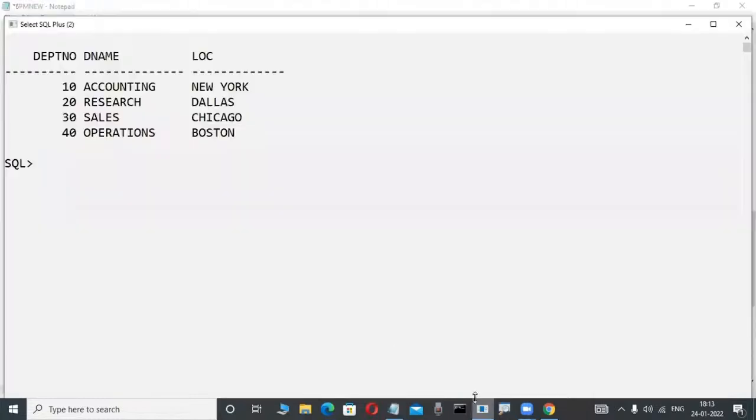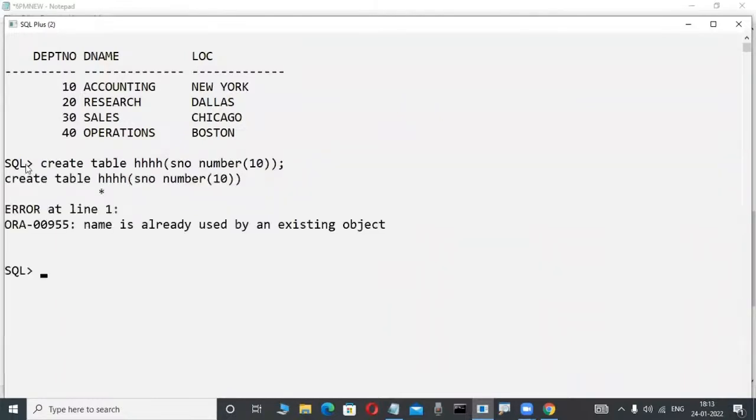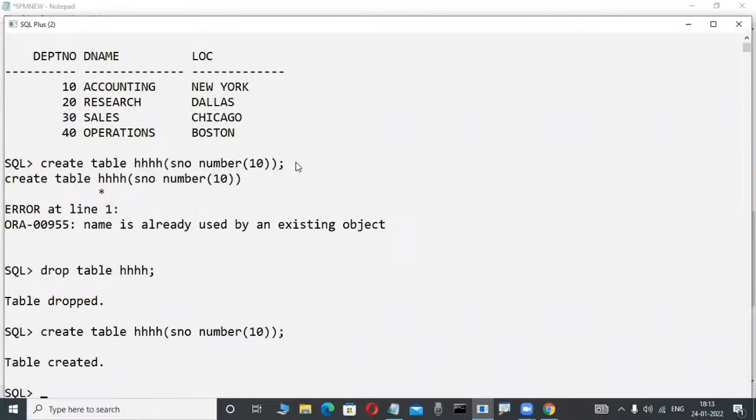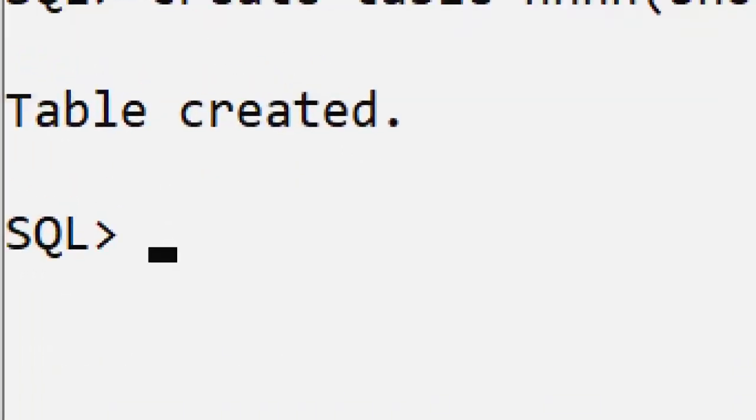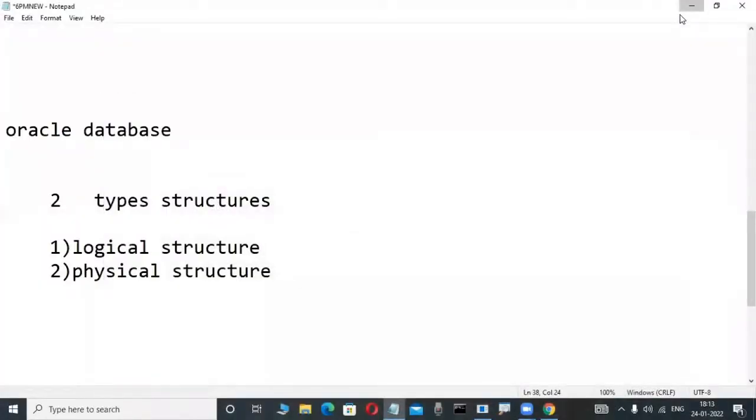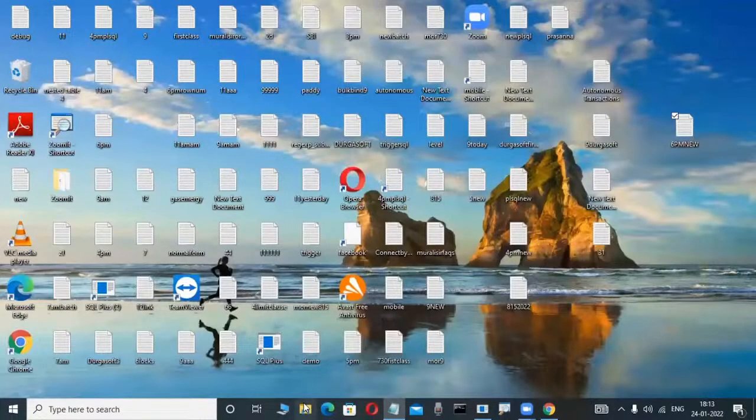Suppose you are creating a table or anything in your database, for example. Whenever I'm creating a table, observe here, this is not visible in the operating system.